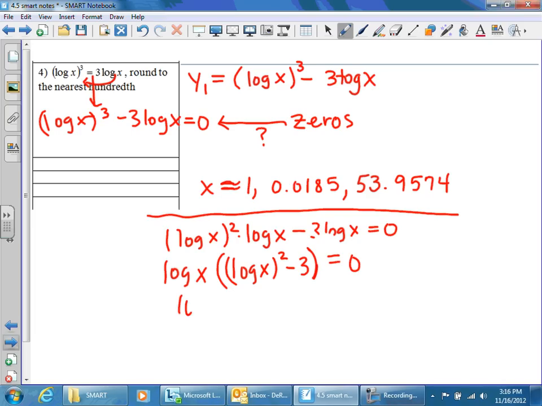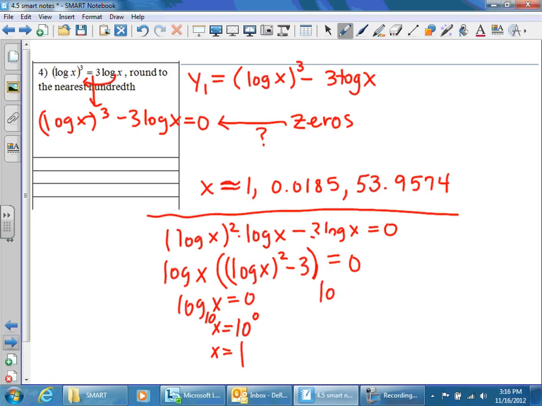So now I can set log of x equal to 0. And remember, that's base 10. So 10 to the 0 would equal x, which is 1. That's the one we just found.